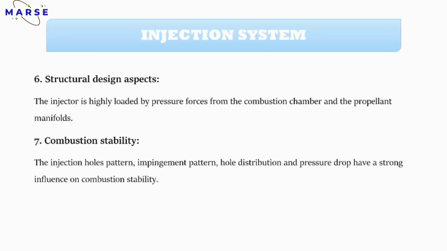The injector is highly loaded by the pressure forces from the combustion chamber and the propellant manifold. It means that the velocity will be there, right? The fuel part and the oxidizer part move from the tank to the injector, and what is the use of the injector? It will inject the propellant at some velocity.